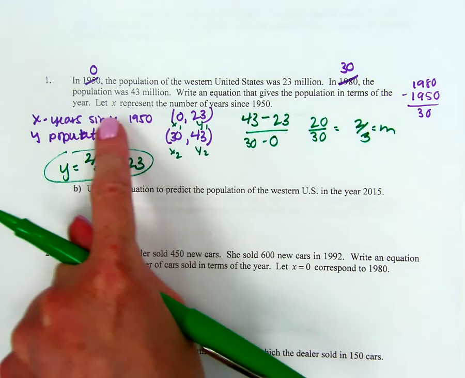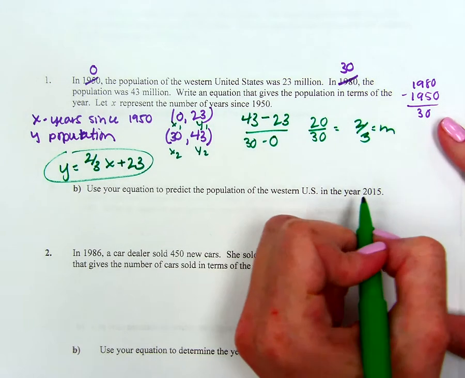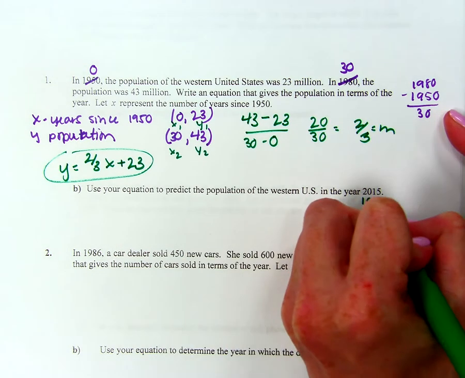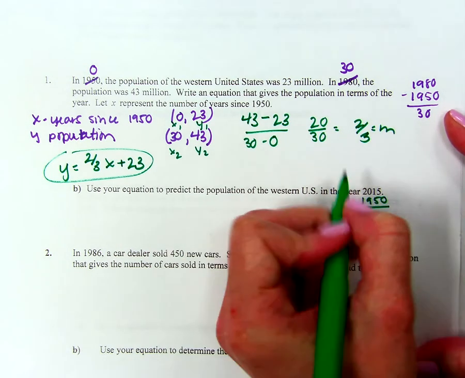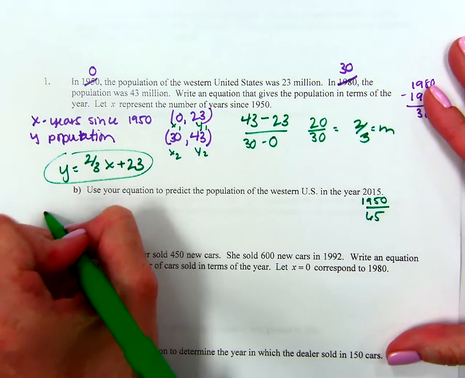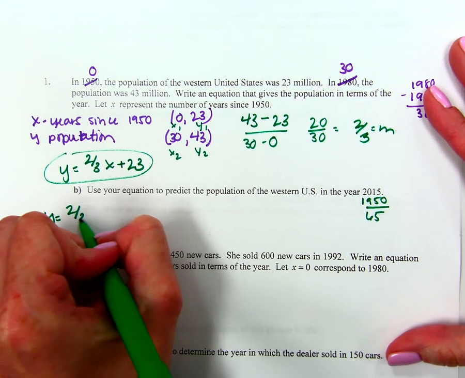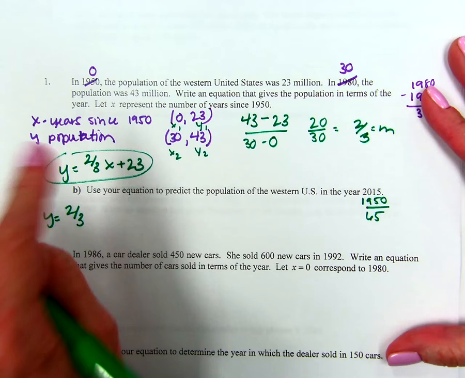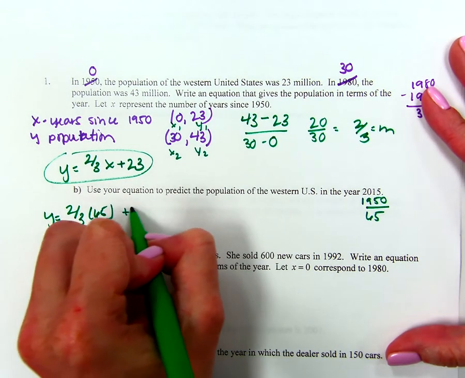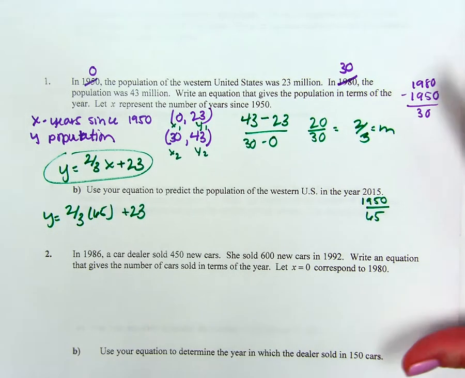So again, x represents years since 1950, so I'm going to subtract. And that's going to give me 65. So I'm going to do y equals 2/3 times 65, because my years are represented by my x, plus 23. So I'm going to put that in my calculator.